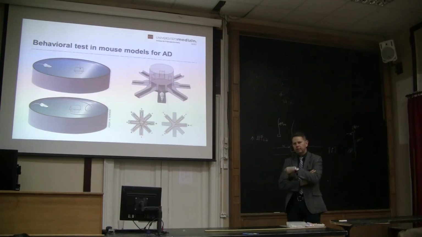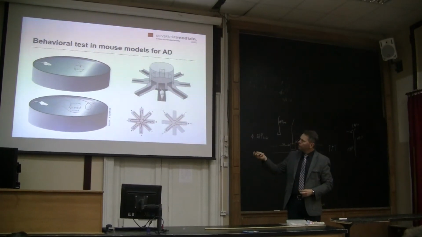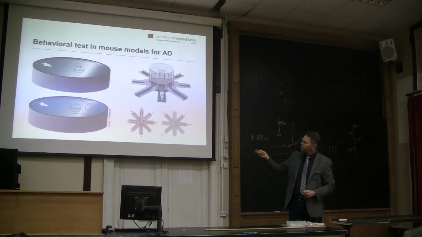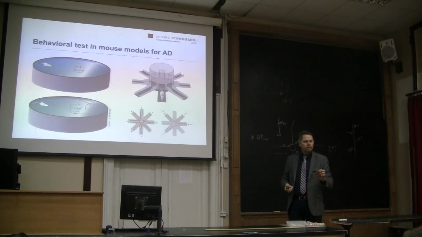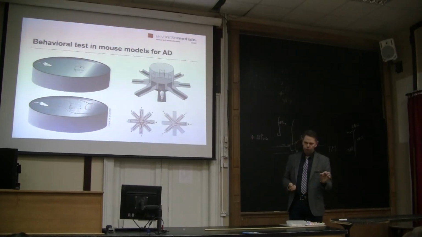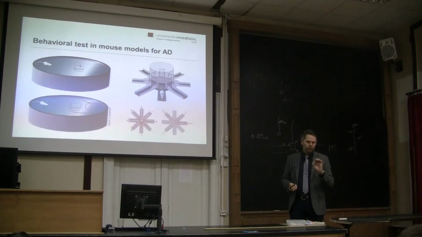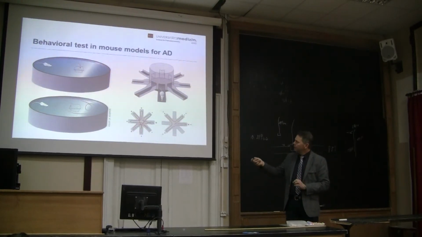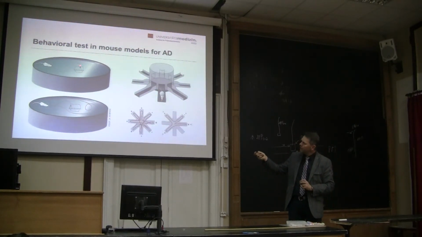What you do is, you take a mouse, you put the mouse into a water basin, and mice do not like to swim at all, but they swim very well. And in that basin, somewhere is a hidden platform.